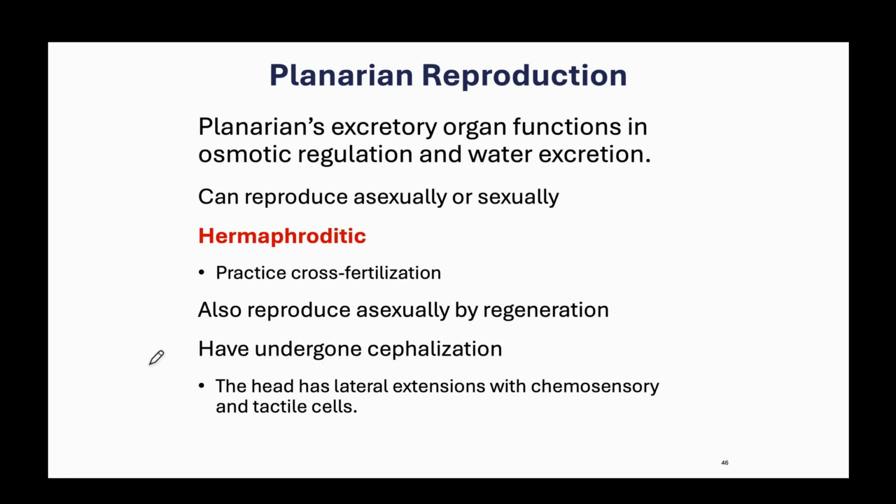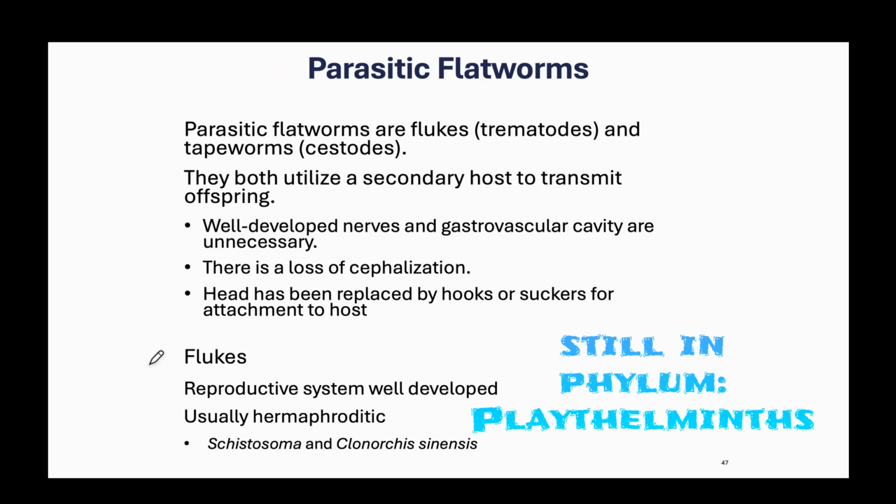Now, another group is going to be parasitic flatworms. These are also in your platyhelminths. We're looking at flukes and tapeworms. Some of these have a head that has been replaced by hooks or suckers for attachment to a host. Tapeworms have, behind their head region, what is called a scolex.